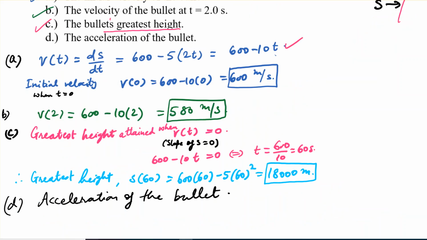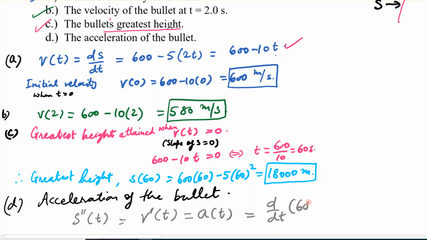Lastly, we're going to find the acceleration of the bullet. So in this case, acceleration is just the second derivative of the distance function, or the first derivative of our velocity function. So the derivative of 600 minus 10t: the derivative of 600 is 0, and the derivative of negative 10t is negative 10.